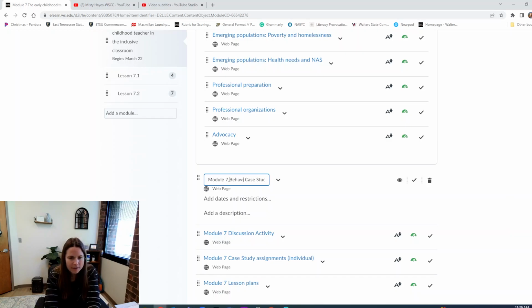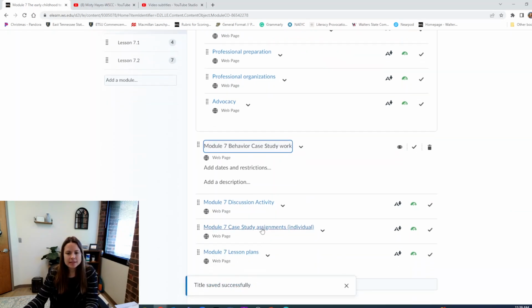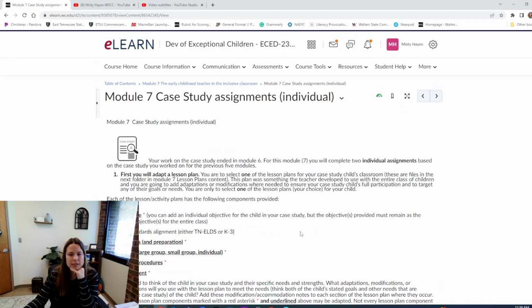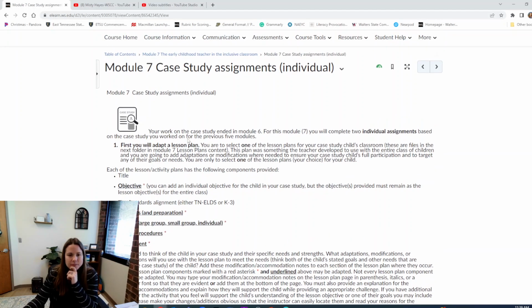Module 7, behavior. Okay, this is for the behavior part. This second section, these two are for your lesson plan. If you'll look, we're in Module 7 case study assignments. Sorry guys, it's been a long week. I'm sorry for confusing you. So what you're going to do on the lesson plan is adapt a lesson plan. You're like, well, where do I find the lesson plans? It's the next module.